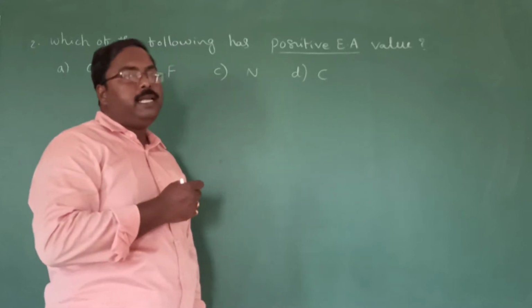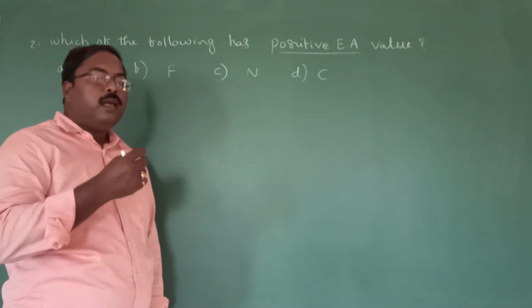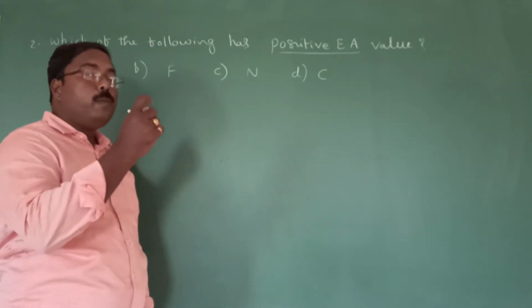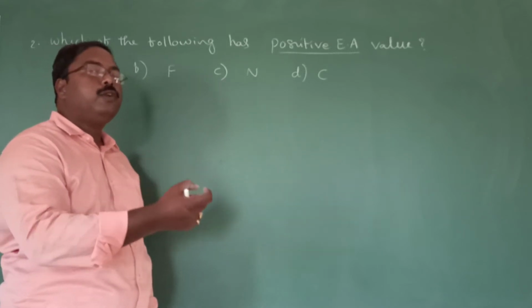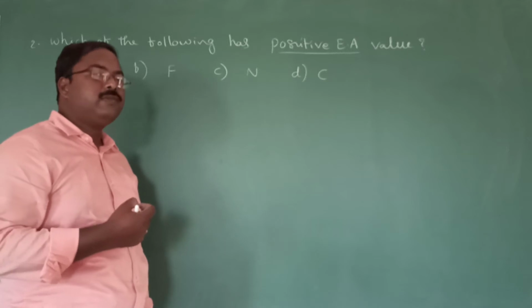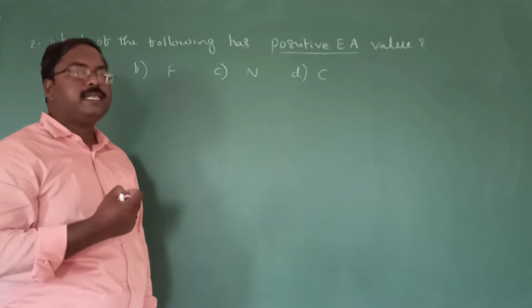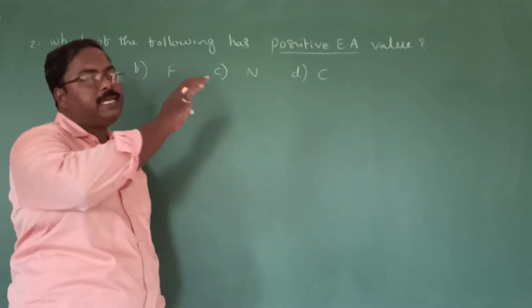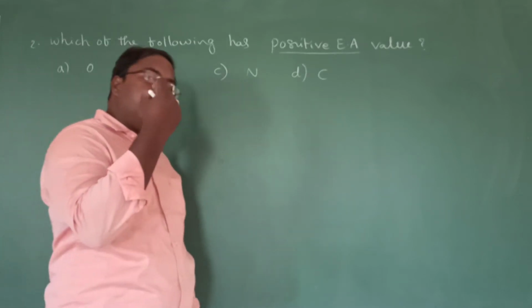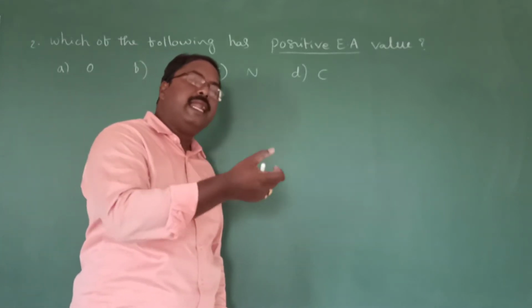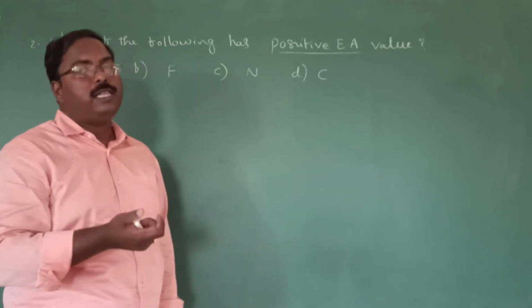And one more regarding the positive values is that, out of all the elements, noble gases have the least tendency to gain an electron. That is why, in the case of noble gases, we need to supply energy to add the electron, which means the process is endothermic.